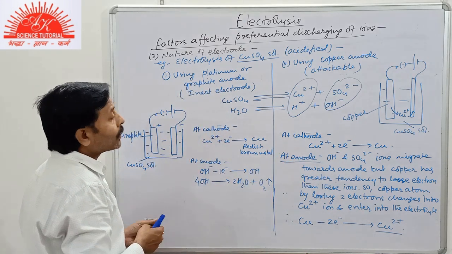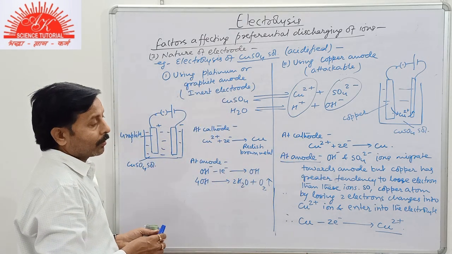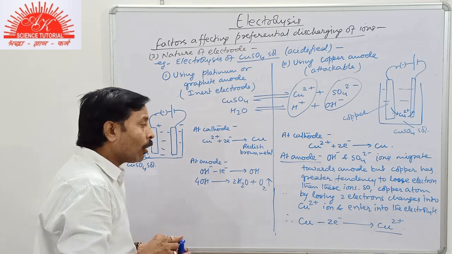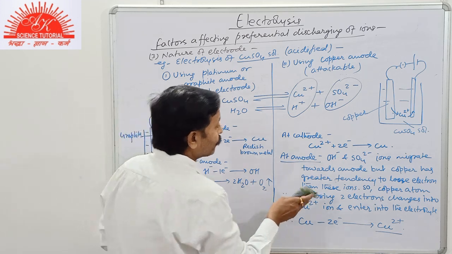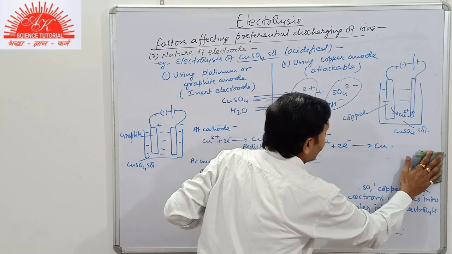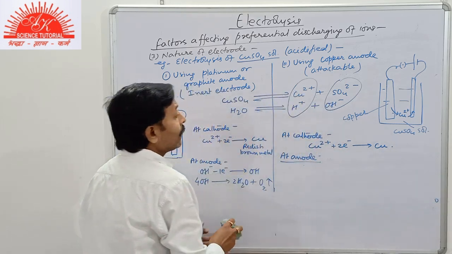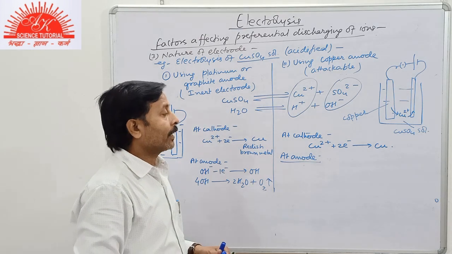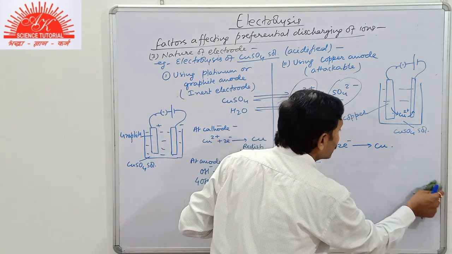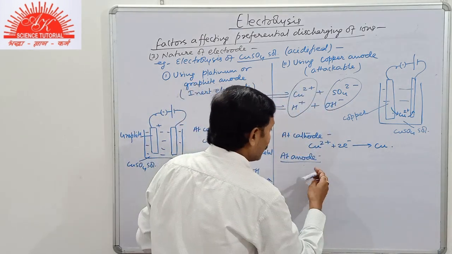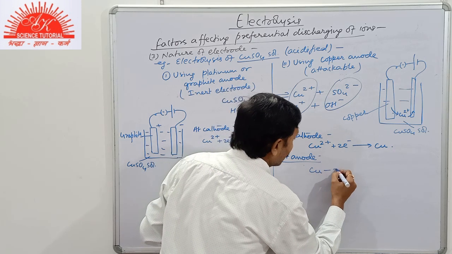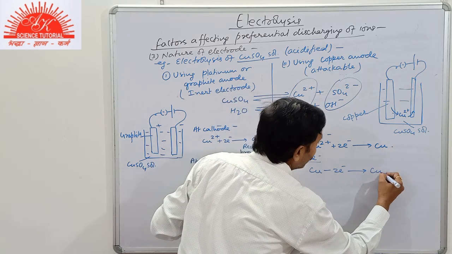If you write its observation, then you see that since the cupric ion concentration remains constant, so its blue color persists. Here I write for continuity.